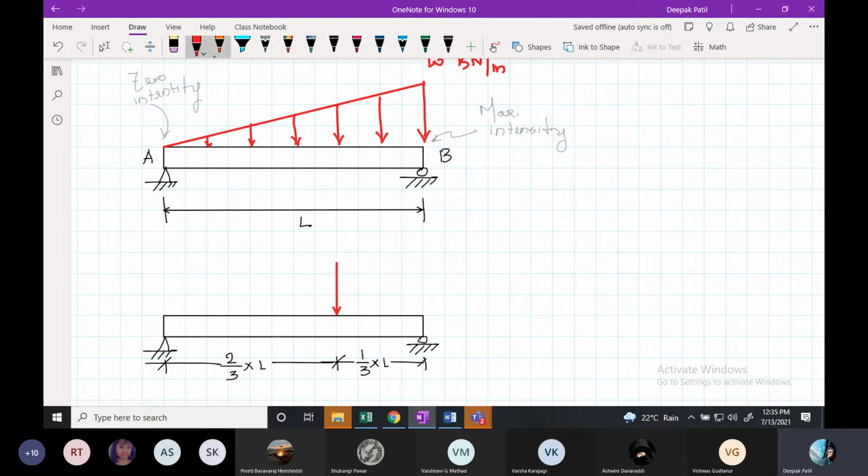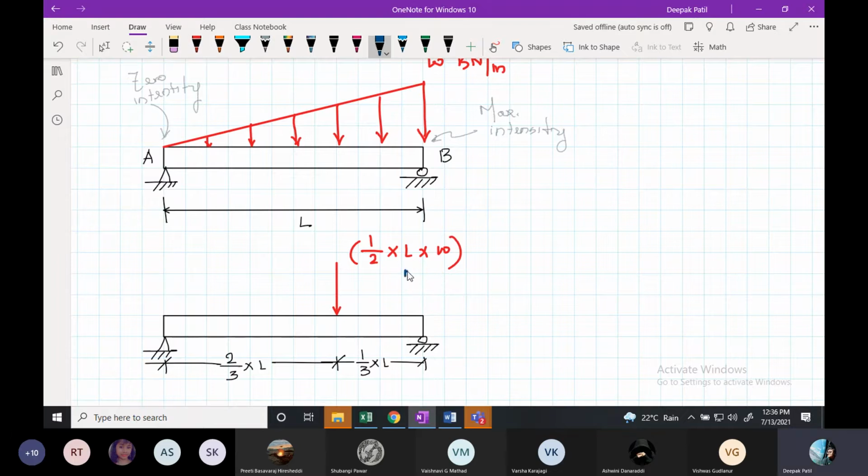Now we have located where it acts, but what is the magnitude of that? Its magnitude is half of the base of the uniformly varying load, that is L, multiplied by the height of the uniformly varying load, that is W. Now what about the units?